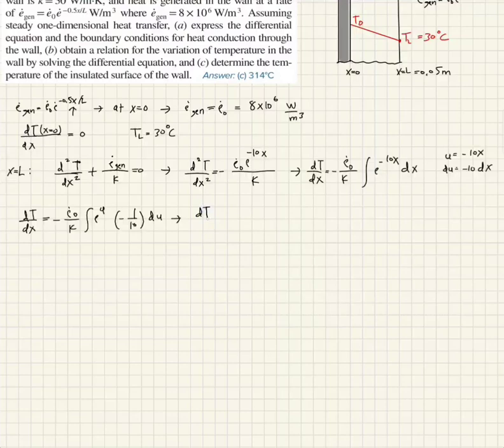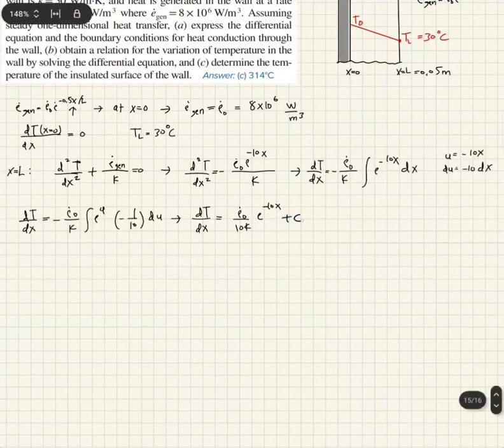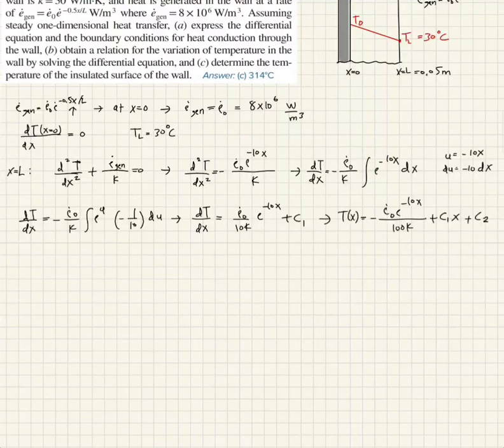This gives us dT/dx equals E dot 0 over 10k times e to the u, which is e to the negative 10x, plus of course C1. That's our first integration, and if we integrate this once more using the same technique, we end up with this.